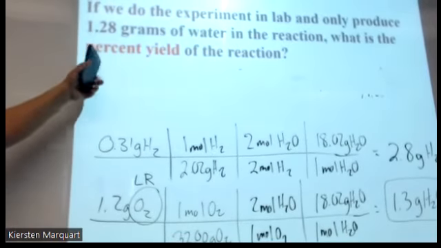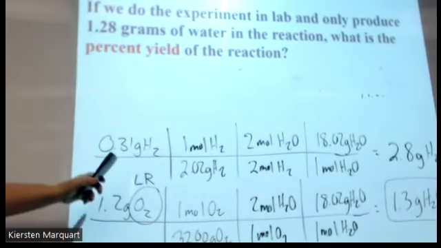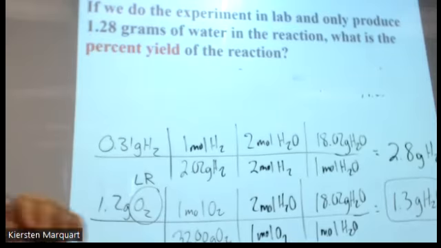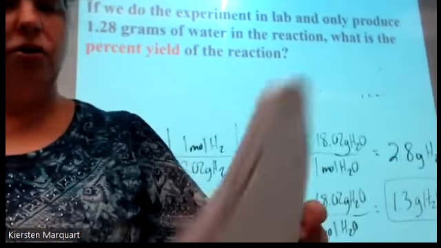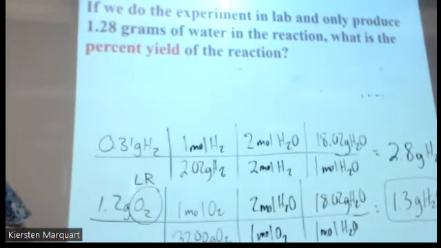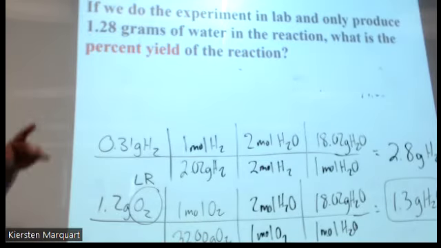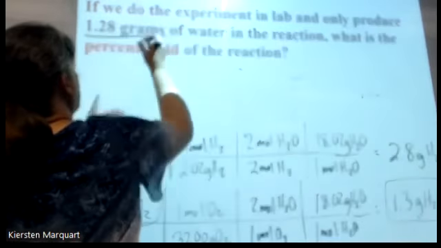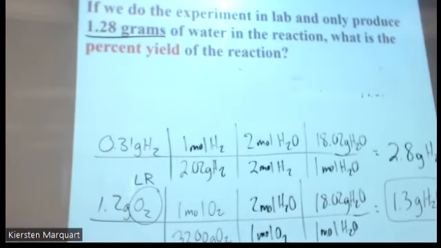Now here's the second question based on the work that we did. So now you're back over on the last page. Below the work for example 2, it says, if we do an experiment in lab and only produce 1.28 grams of water in the reaction, what is the percent yield?